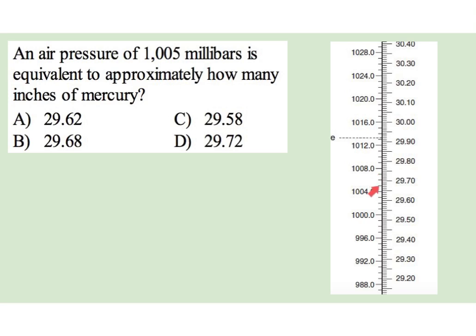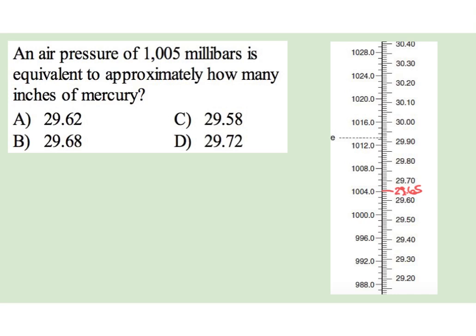Yep, so that's 1005 right here. Following that straight over, it looks like it is above this line, which is 29.6, 29.7. So halfway right there is going to be 29.65. That's this line here.